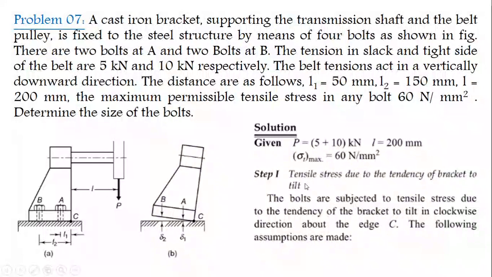Okay, directly we go for the tensile stress due to the tendency of the bracket to tilt about point C. Because of the tilting, some tensile stresses will happen here, so we will find only that tensile stress.